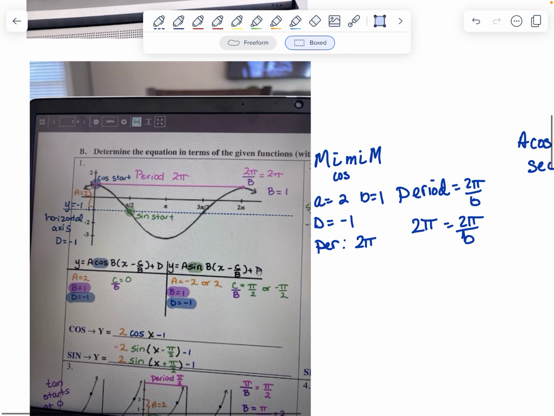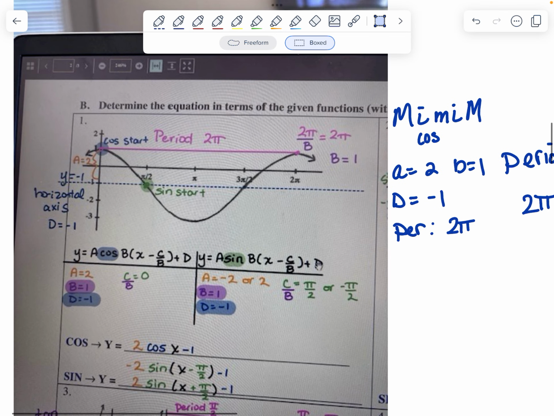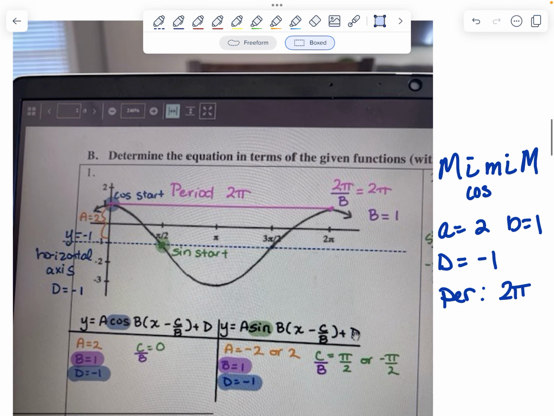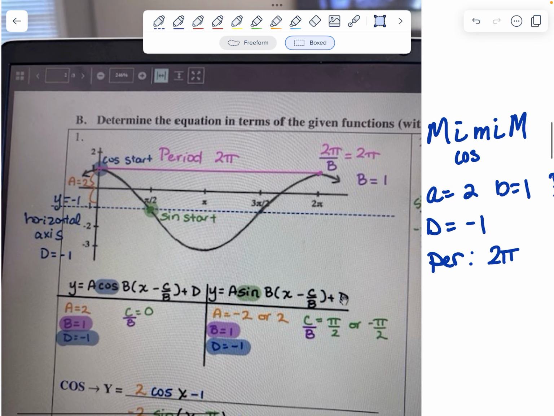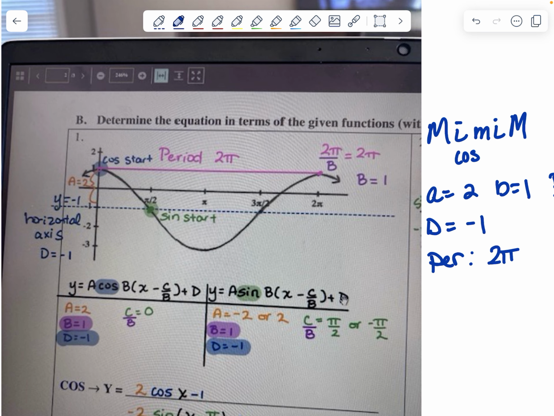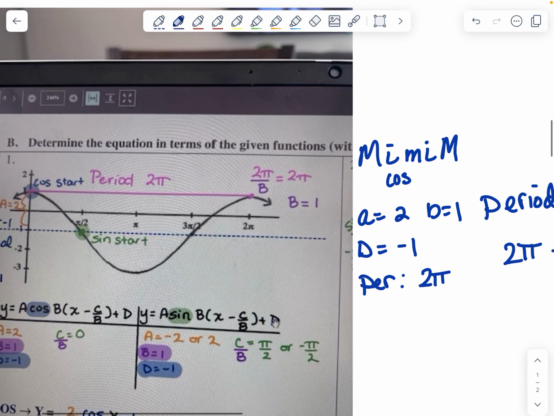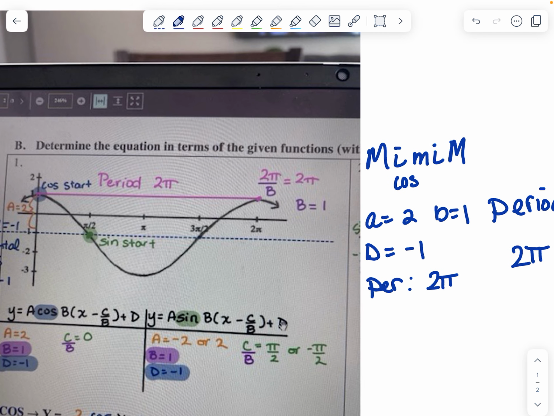Okay, so the C value is found by where was the start of the graph. The start of the cosine graph is at 0, so that means the C value is 0. If it moved and the start of the value was different, then I'll show you when we do the sine version of this. So the C is 0. This is for the cosine version of it.